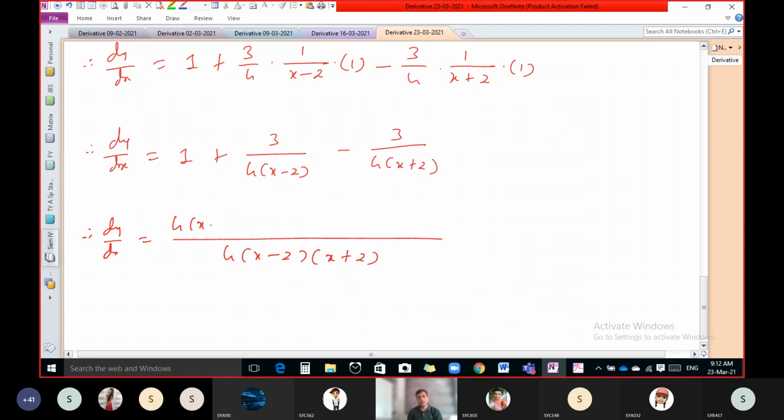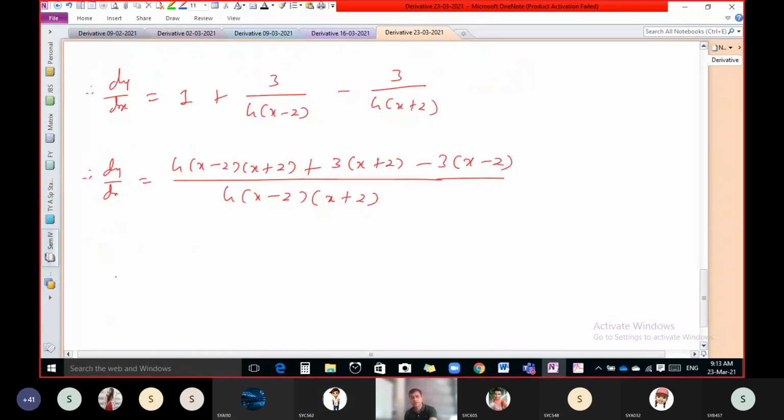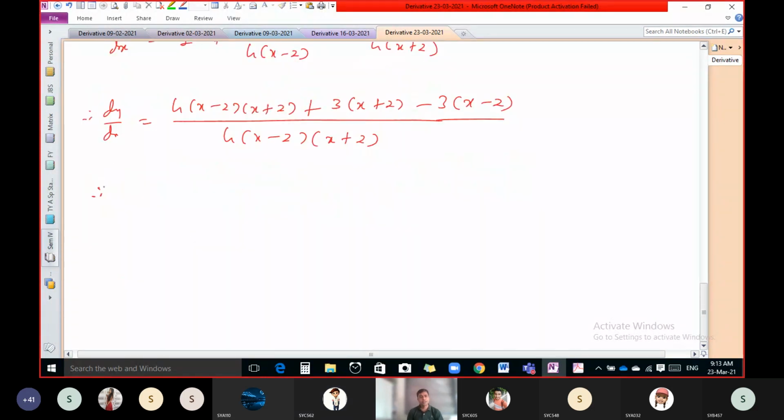So 4(x − 2)(x + 2), plus, now tell me the next one, 3(x + 2), yes, minus 3(x − 2). Correct. Now simplify once again. So what is dy/dx?